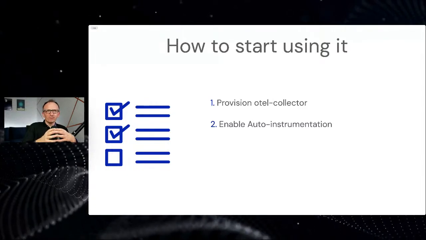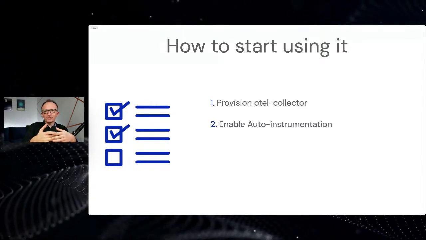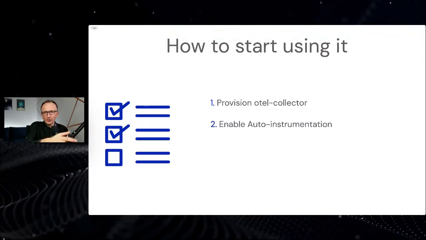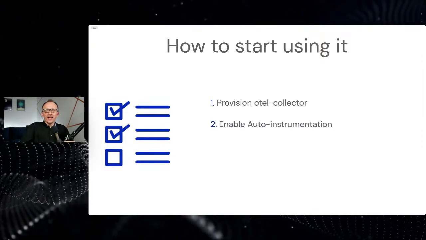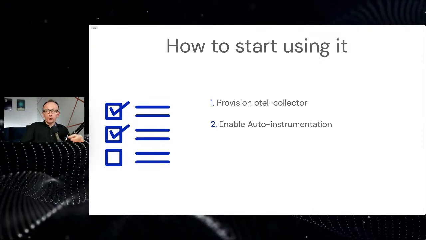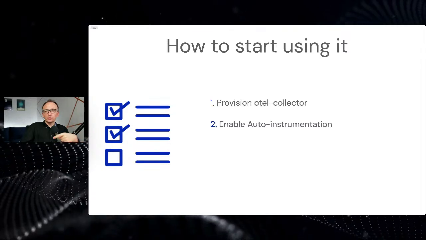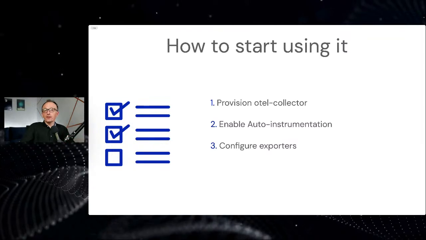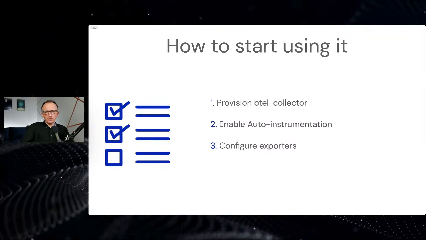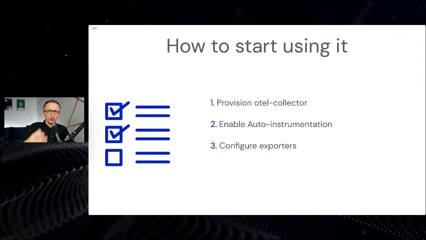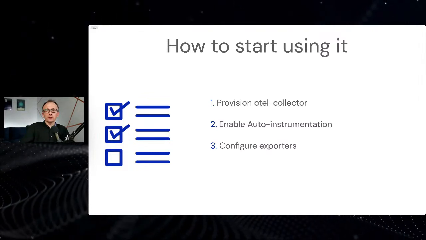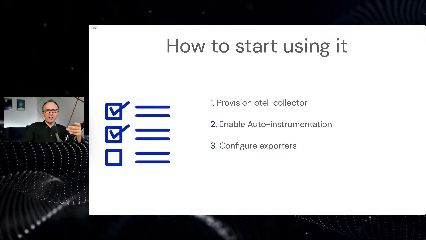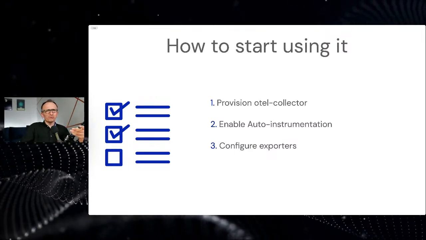It takes, I don't know, a couple of minutes, maybe an hour, to set up your auto instrumentation for supported languages, and then you are ready to send your data to your chosen backend, and that's why you need to configure your exporters, and it is also pretty easy, and it's also pretty well documented in the OpenTelemetry documentation. So all these 3 steps are pretty easy and pretty fast.